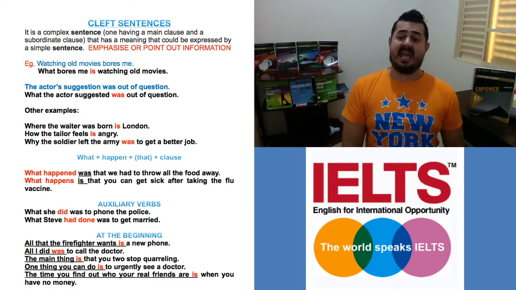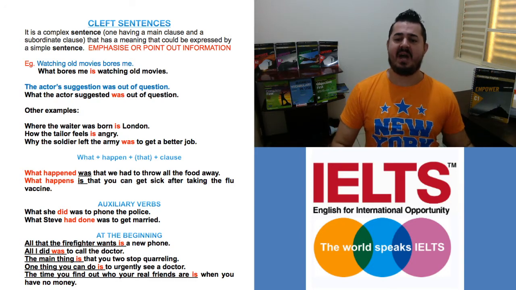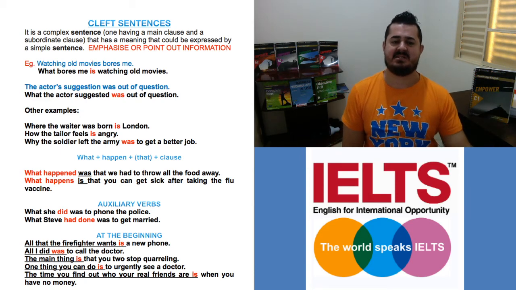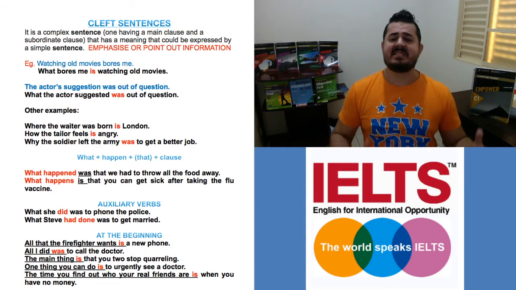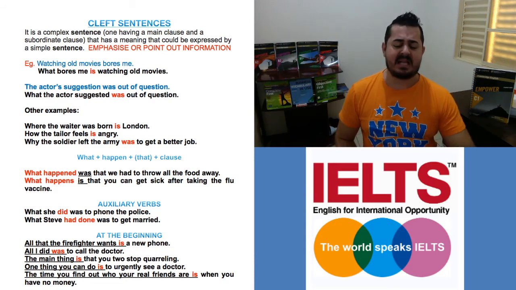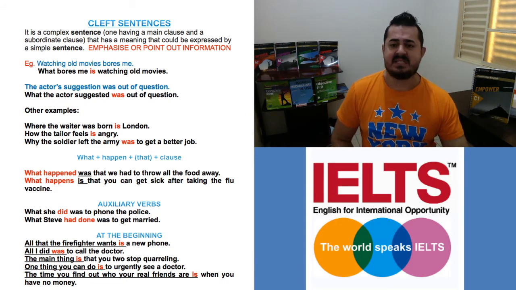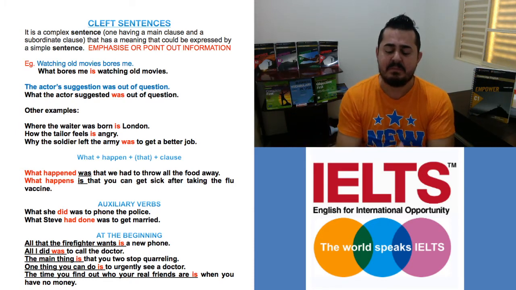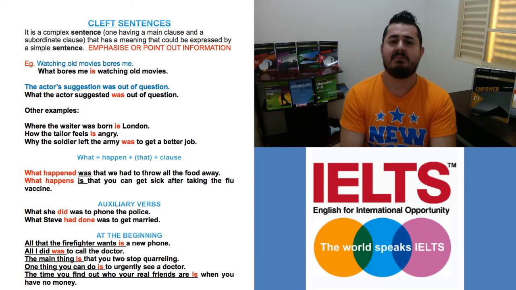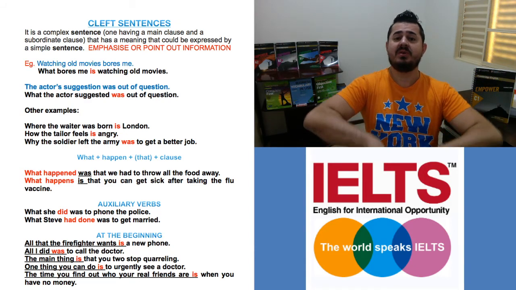And the topic of the day is paramount for writing and speaking skills, which is called a cleft sentence, alright? So, basically, cleft sentences are complex sentences that are meant to inform you a very simple piece of information by the usage of two sentences.